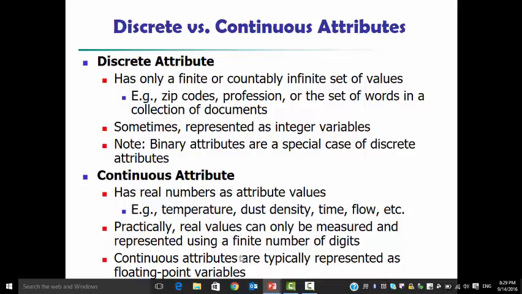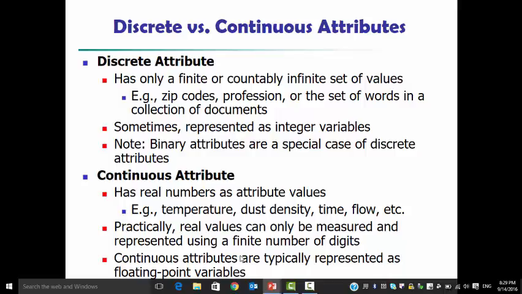Pay X amount of money, a discrete number. Continuous attributes are maybe some flow, like dust density.